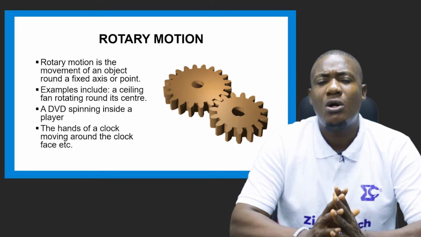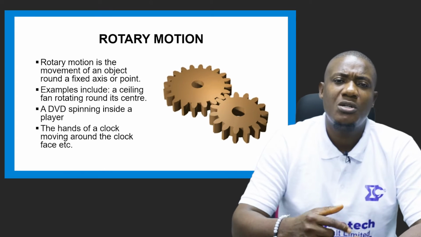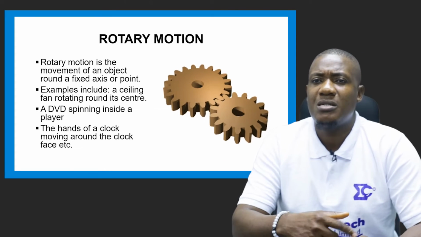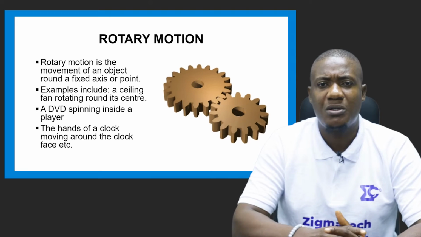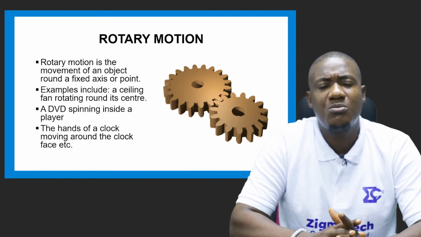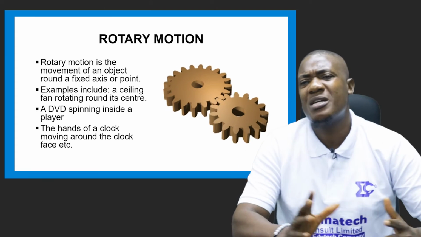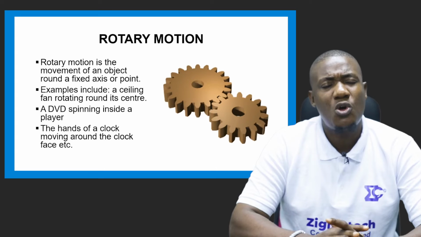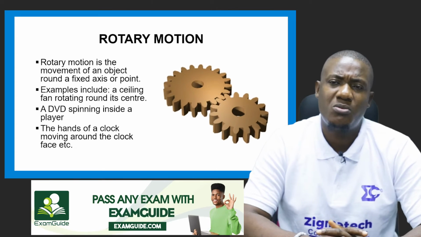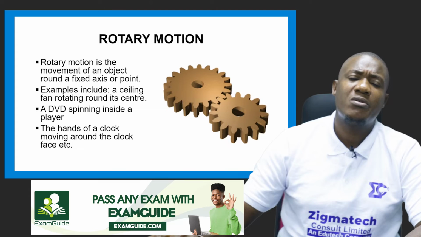So all these motions that have to do with a body moving around a fixed point are called rotary motion. It has so many applications in technology, so many. But we're going to look at it as we progress. Just follow me.